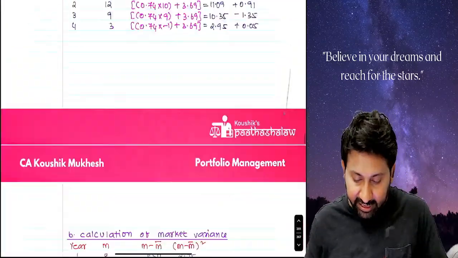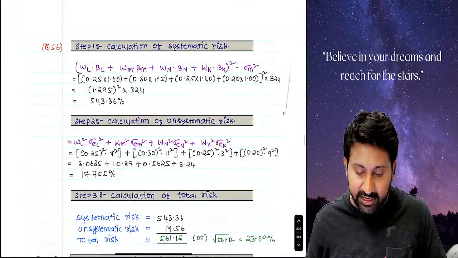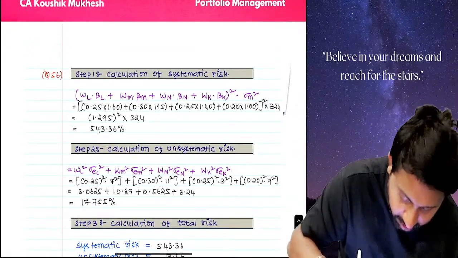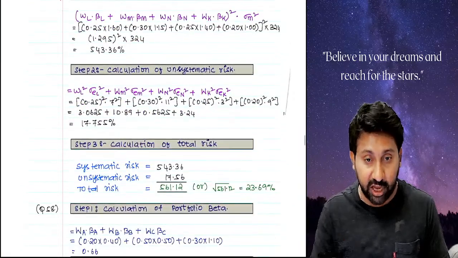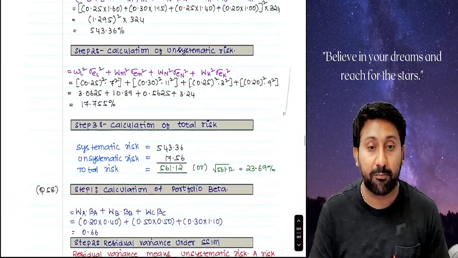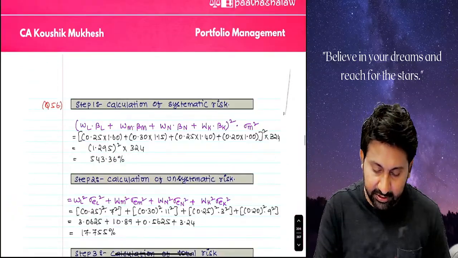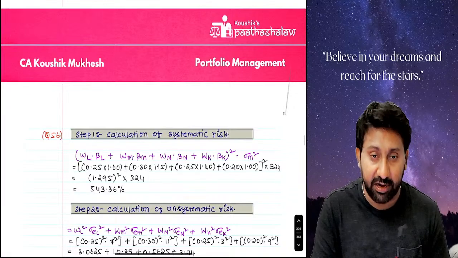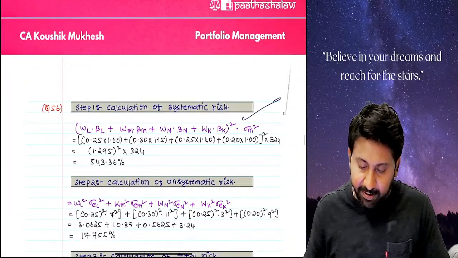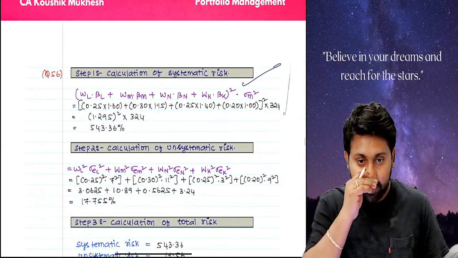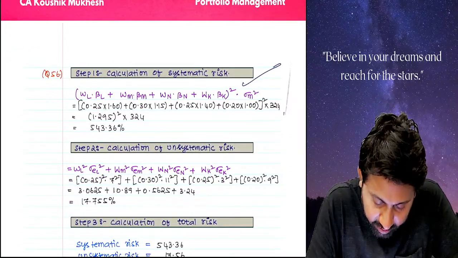If in the exam a portfolio is given, what to do? If a portfolio is given, it means the same concept of the Sharpe model. If it is given in the form of a portfolio, see here. First, calculation of systematic risk. Tell me, what is the formula?